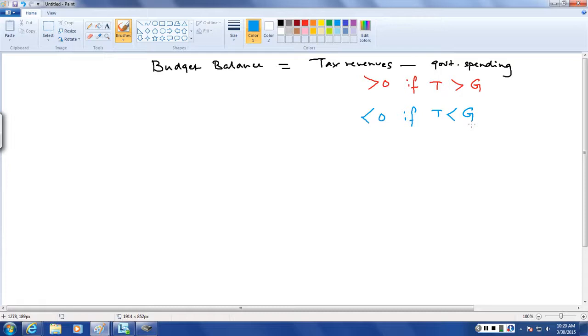Correct? Now, when this is positive, we say that the government is running what's called a budget surplus. On the other hand, if this is negative, we say that the government is running a budget deficit. Budget surpluses versus budget deficits.